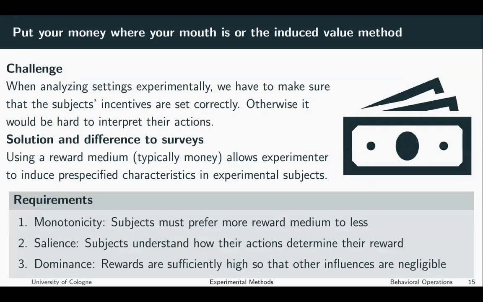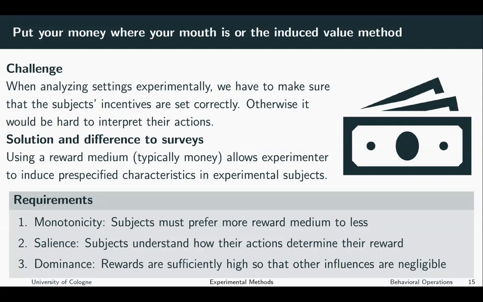An important aspect, one of the principles, I would say, claim in economics research is: put your money where your mouth is. So in economics experiments, we typically use the induced value method. The challenge is when you run a lab experiment in economics or in operations management, you want to analyze a setting experimentally.